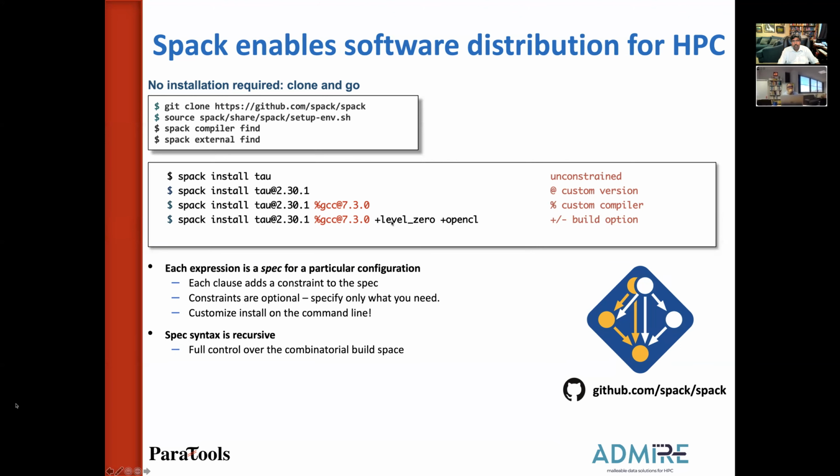And here I'm saying +level0 for the Intel GPU and +opencl for the OpenCL runtime. Or I can say, install it with MPI, but use a particular dependency, like use MVAPICH2 to specify the provider of MPI, and use MVAPICH2 version 2.3, which was compiled without the wrapper RPATH flag.